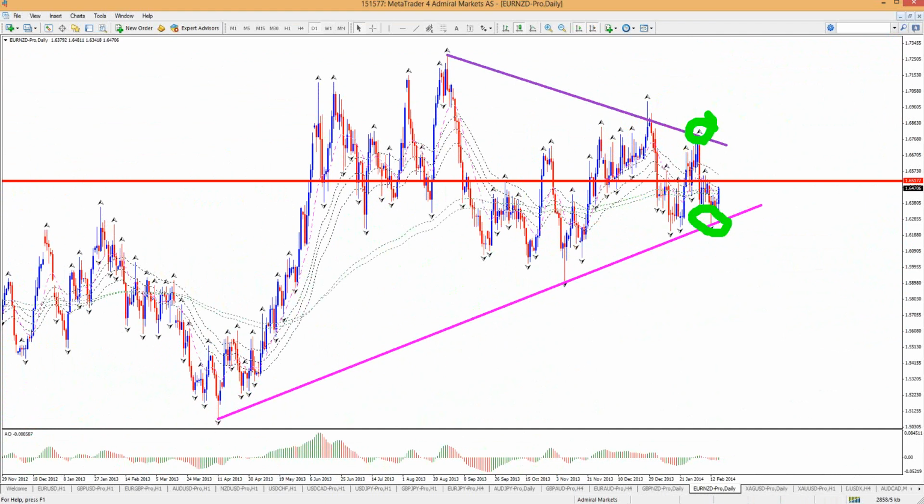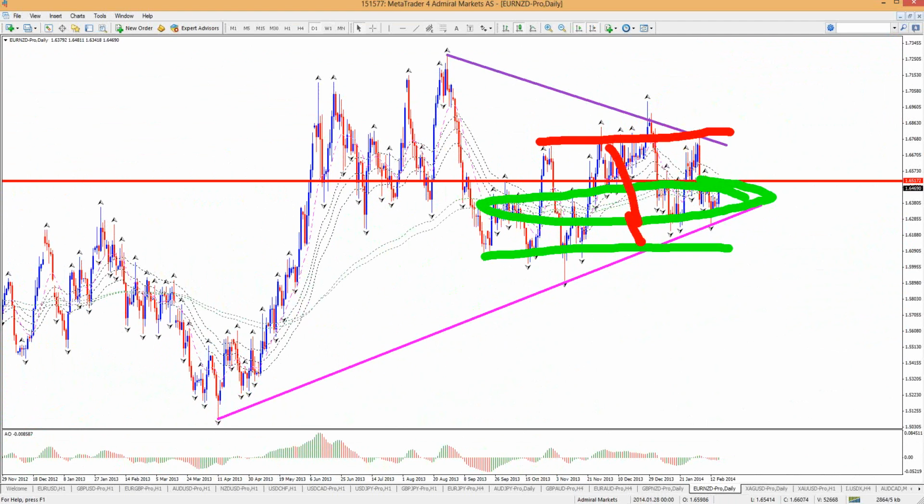The green one is about halfway. You see that? And you see the moving averages are all intertwined with each other. Once price tries to break below it, it then moves up to the opposite side. If it breaks above it, it goes back to the bottom. In fact, that's typical for a range.